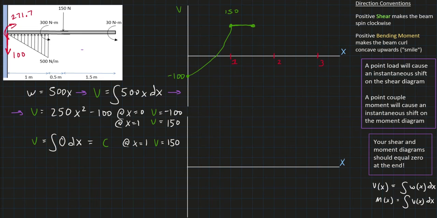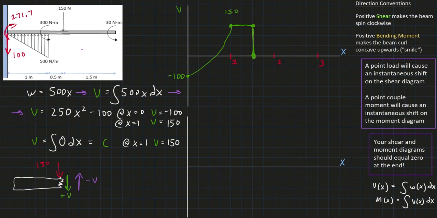Now here is a point force. So I got to run through my process for that. If I have a point force of 150 coming in on that beam, I can't have my positive shear to fight against that. I know negative shear must be fighting to hold that up. So this 150 is going to result in a downwards drop of our V diagram by how much? 150.